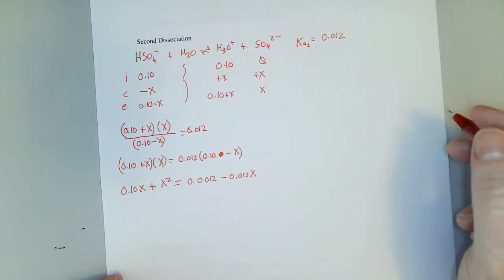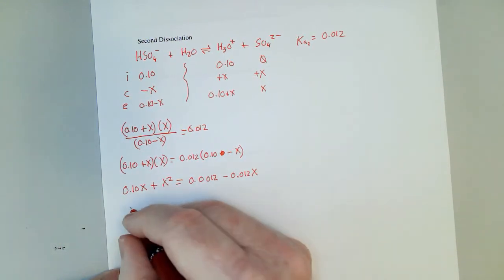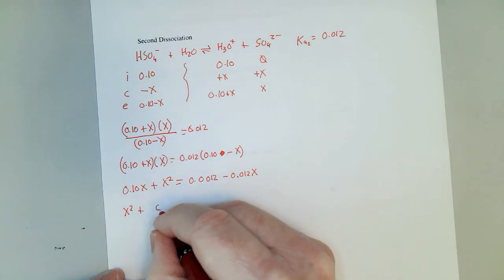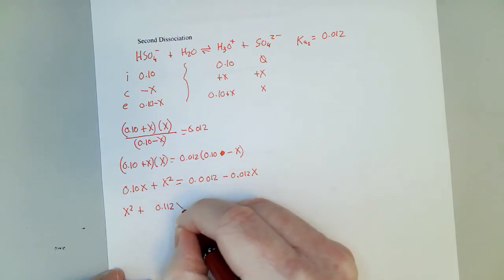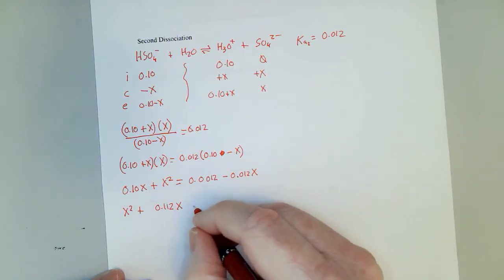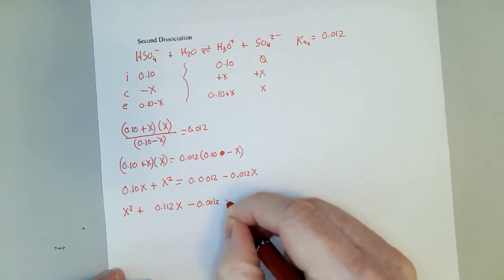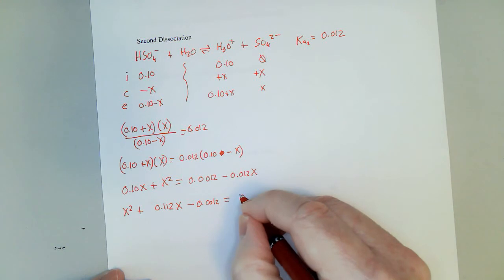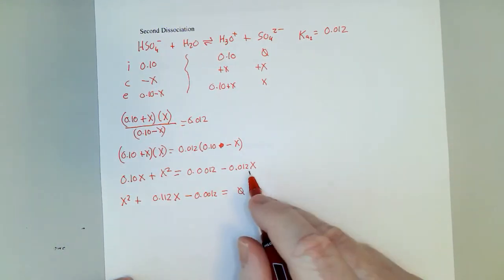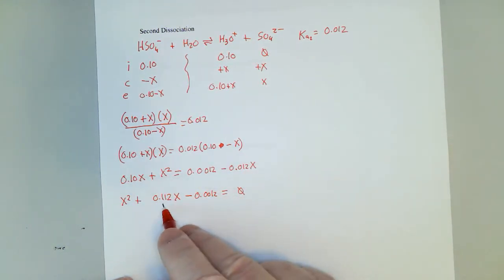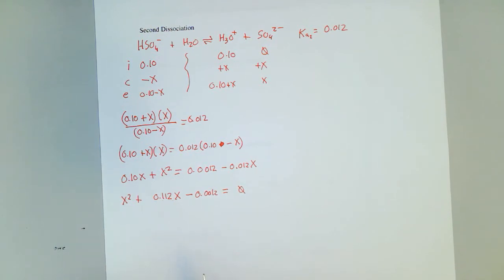Now, when I group like terms and bring these over to the other side, I get x squared plus 0.112x minus 0.0012 equals 0. This and this added together give me the 0.112x.